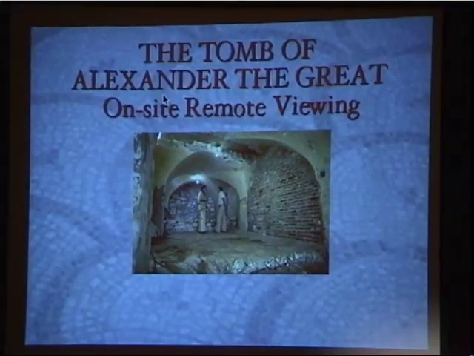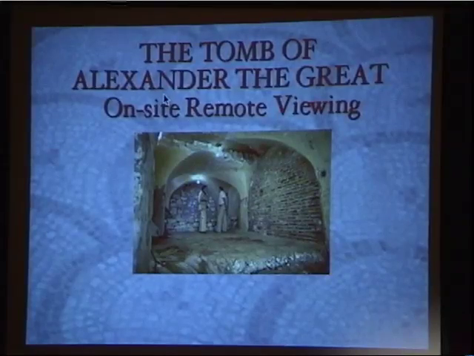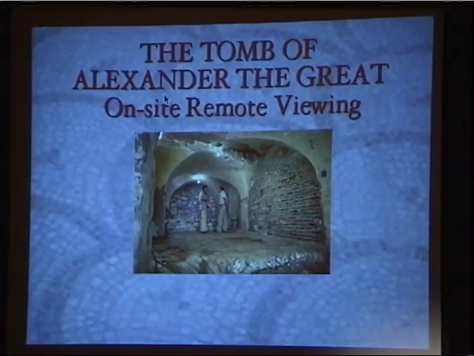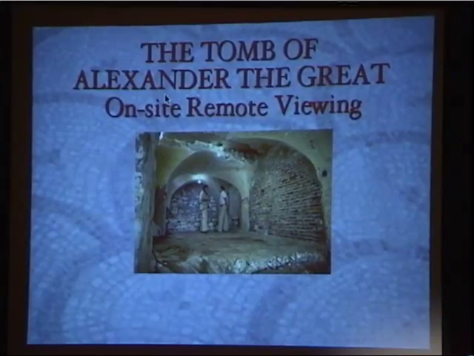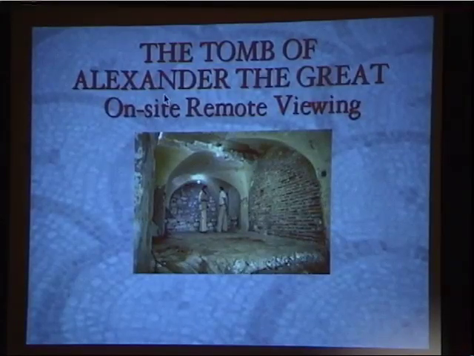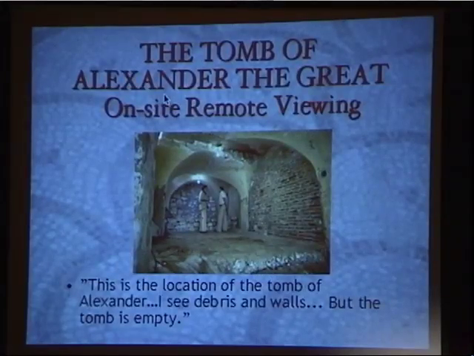It's really just reduced to debris and rubble, and there's no body in it. And so we went into this mosque, and we found there was a crypt underneath. And George said, "This is the location of the tomb." And I see that behind this wall here, right there, that there's debris and walls, but the tomb is empty.